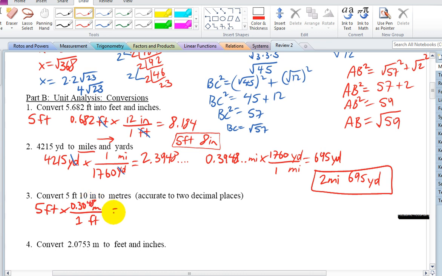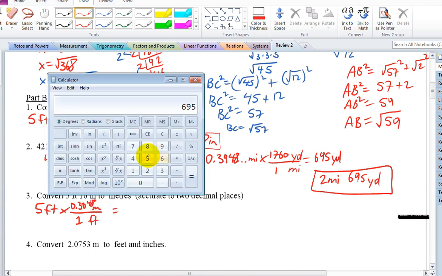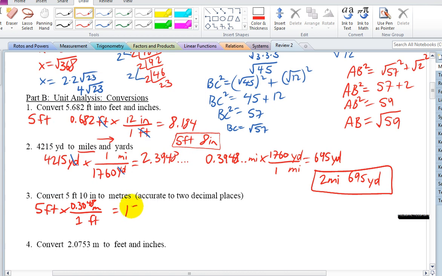Okay, good. So convert that to meters on your calculator. 1.524. No big deal. Then 10 inches. We're going to convert that into centimeters.